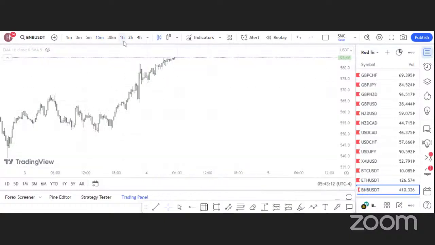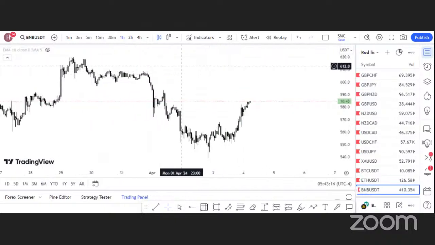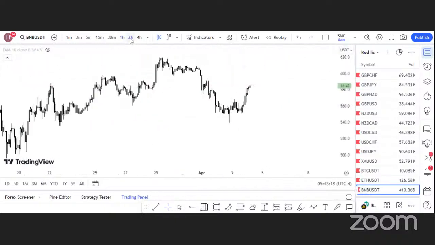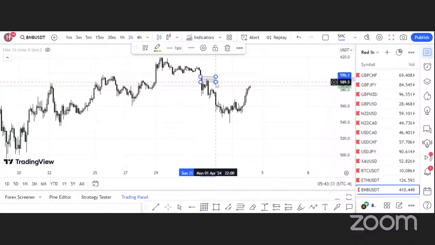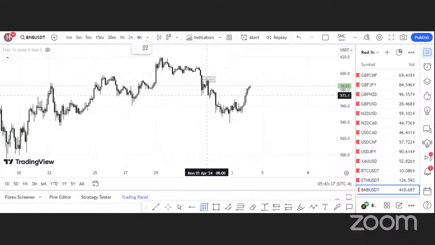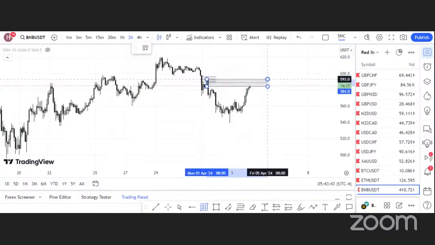Okay, we are currently on BNB USDT. All right. So for this, we have the market moving from this fair value gap. Okay, and currently it's approaching this level where we have another block.